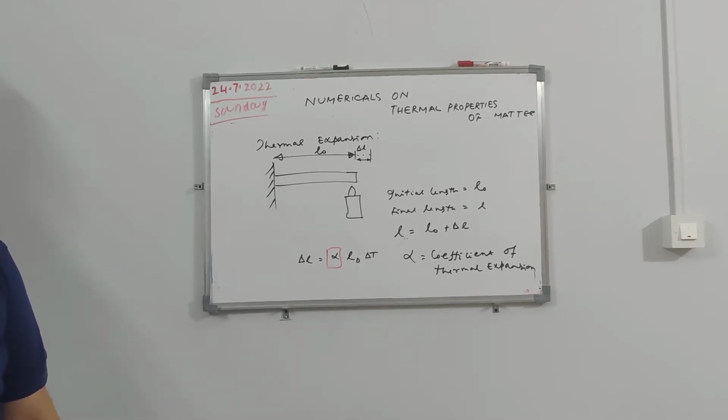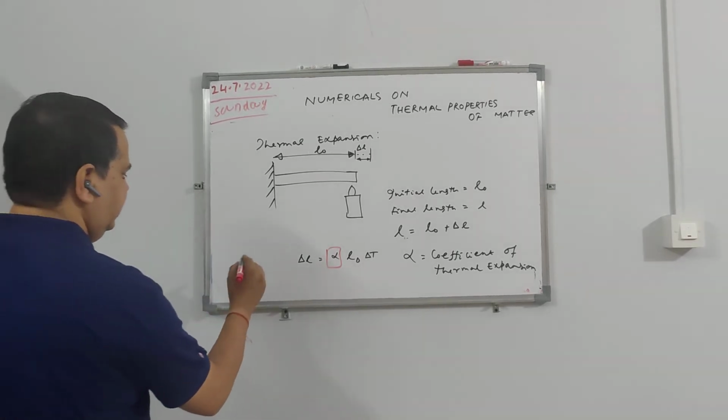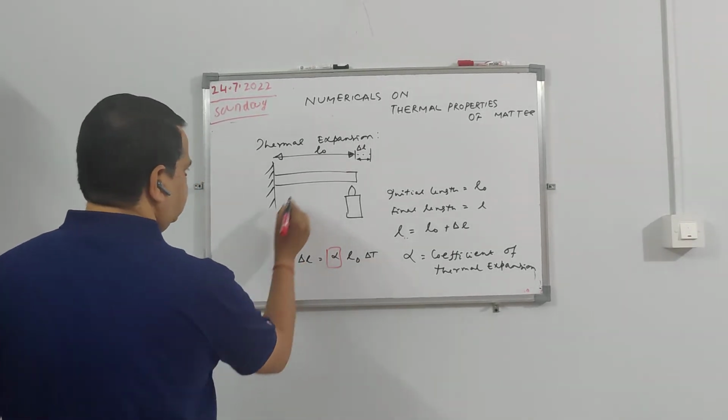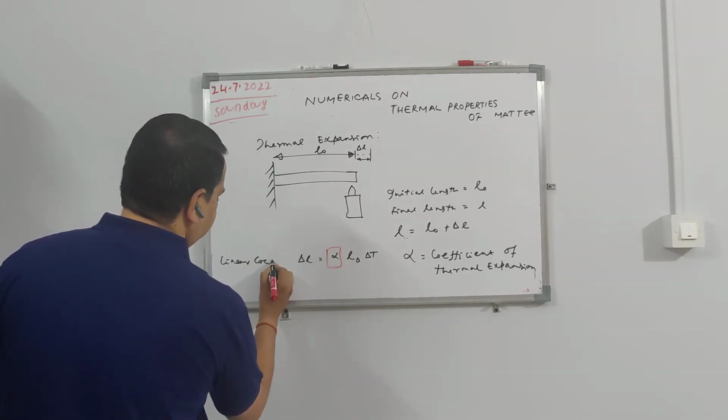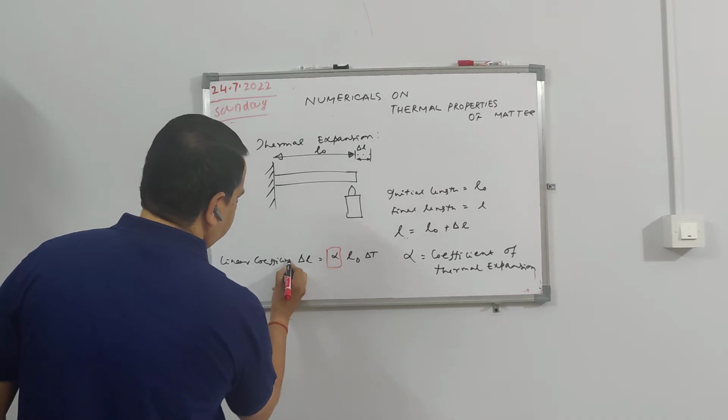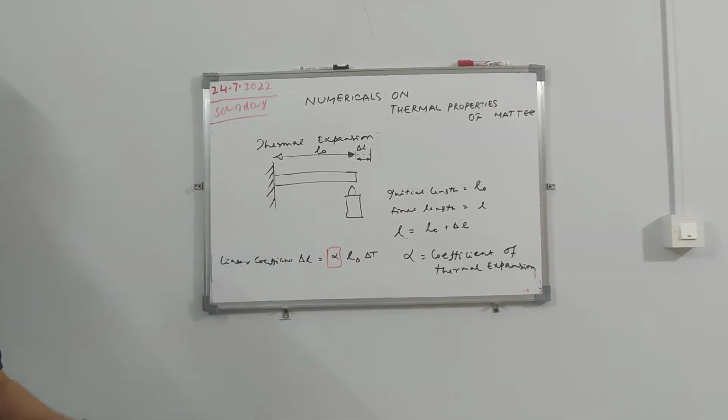Okay. So this is for 1D. This is linear. This is a rod only. So this is the linear coefficient. Okay. So you can have a rod, you can have some area, you can have some volume also.